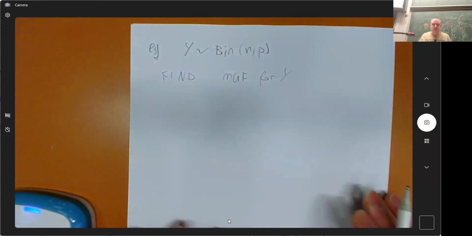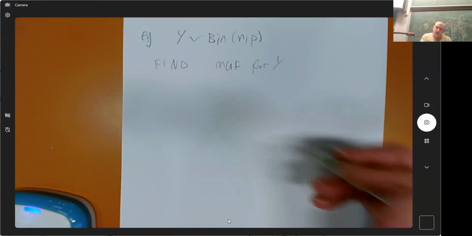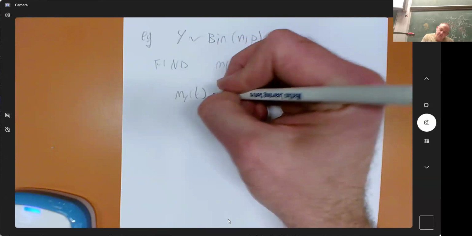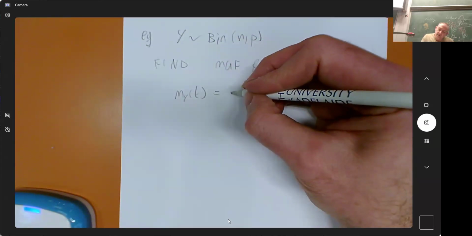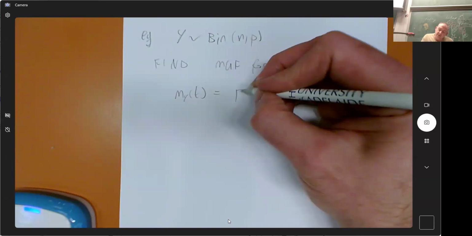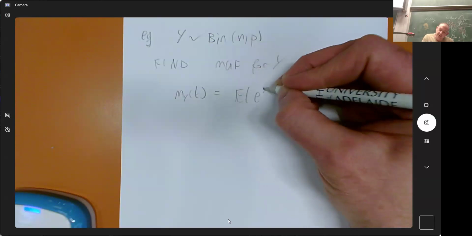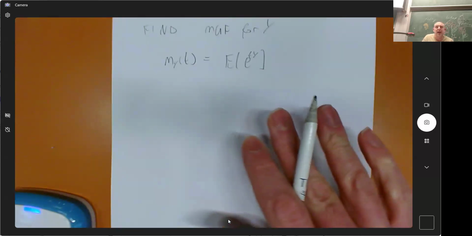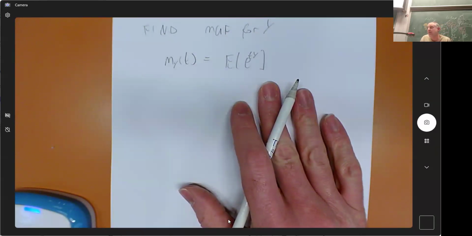Find the moment generating function for Y. And so the moment generating function for Y, which is a function of T, is the expected value of e to the t y. And to do that, well, that's a sum instead.